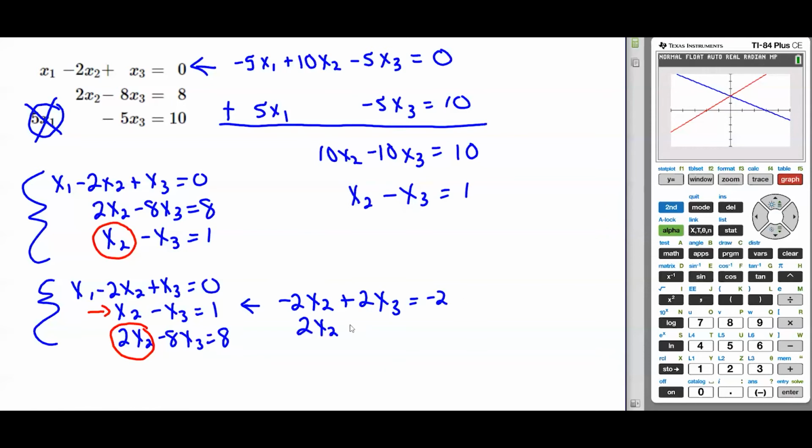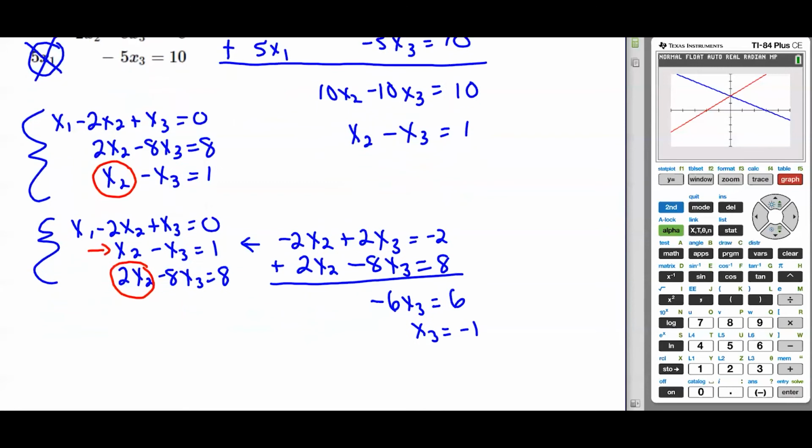And I'm going to add that to the third equation. I'm going to do my addition problem here. And that eliminates x2. Here it looks like I get negative 6x3 equals positive 6. And this gives me x3 equals negative 1.